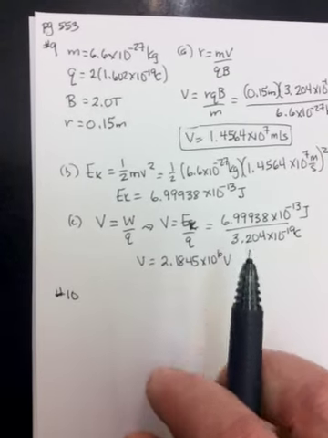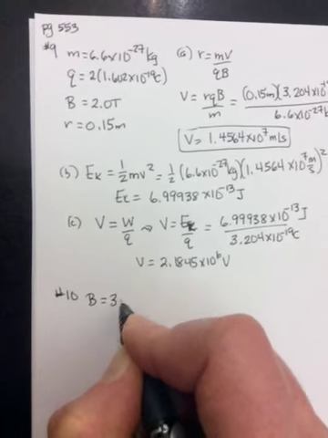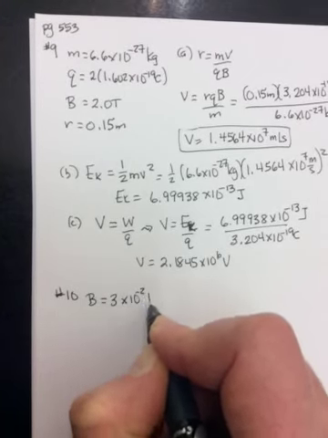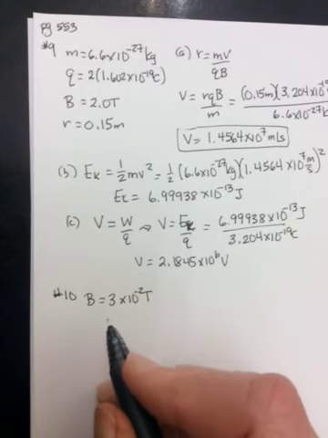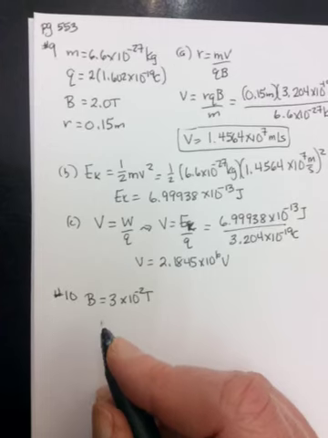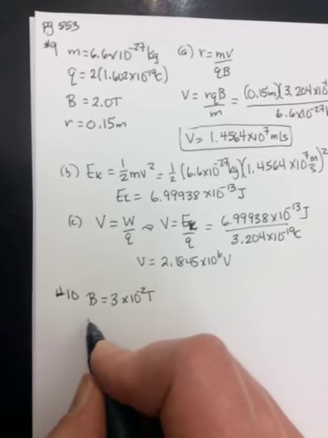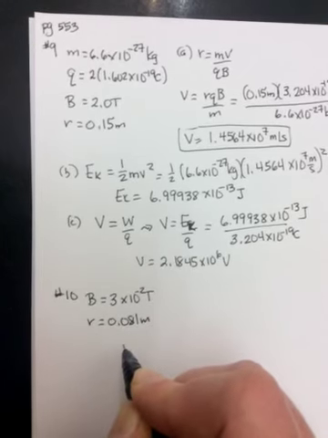So number 10, a 3 times 10 to the negative 2 Tesla magnetic field in a mass spectrometer causes an isotope of sodium to move in a circular path with radius R equal to 0.81 meters.